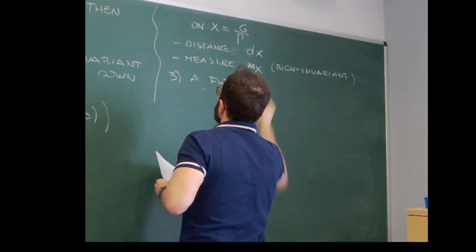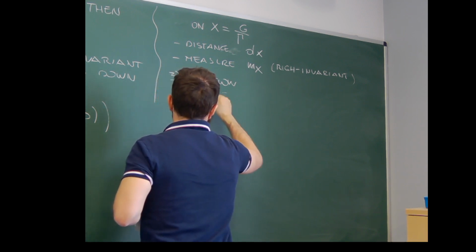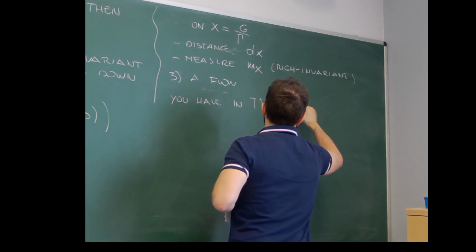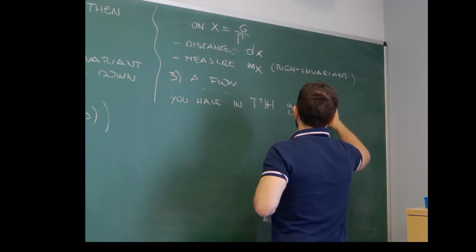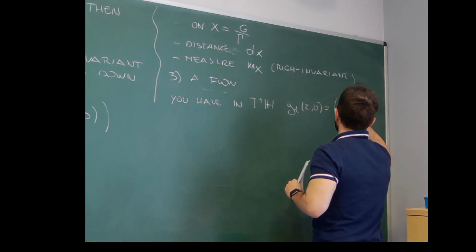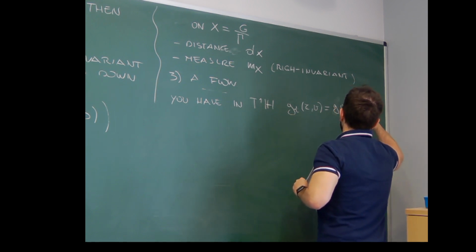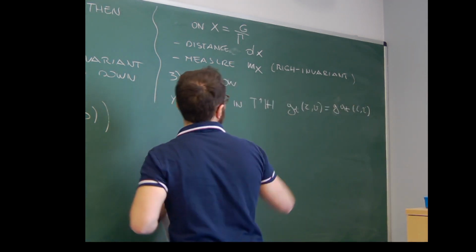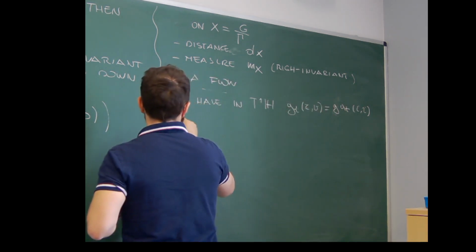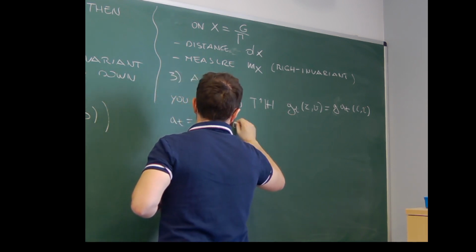And the flow is very easy: in T^1 H, you have the geodesic flow. So g_t of (z, v) is just defined as g a_t. Through the identification, the geodesic flow is right multiplication by the matrix a_t, where a_t is e to the t halves, e to the minus t halves.